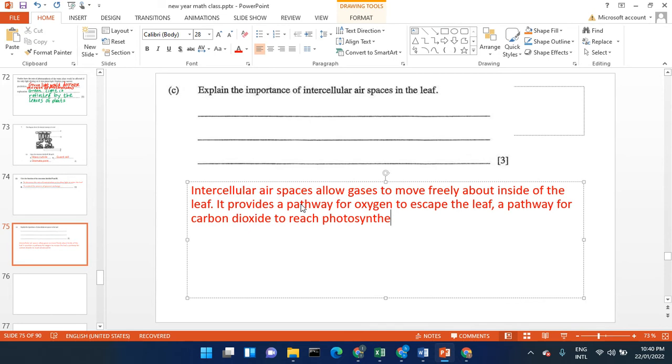So a pathway for carbon dioxide to reach photosynthesizing cells. We spelled this wrong, photosynthesizing, so let's fix this. Photosynthesizing cells. And for transpiration to occur.